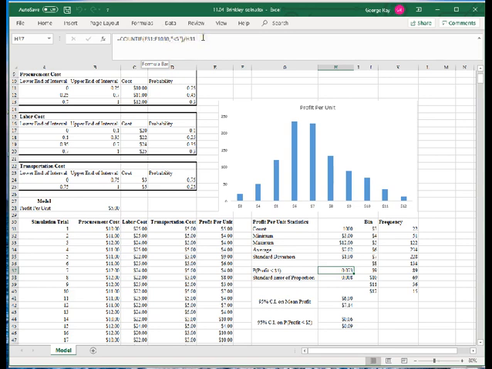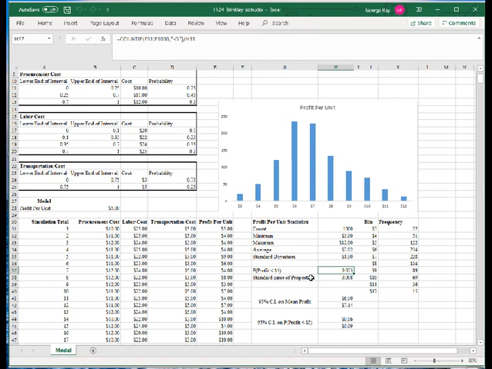Then divide that count by H31, which is 1,000, and that'll give us the probability that the profit they're going to make is less than $5. So the probability that they make a profit of less than $5 is 7%, about 7.3%.